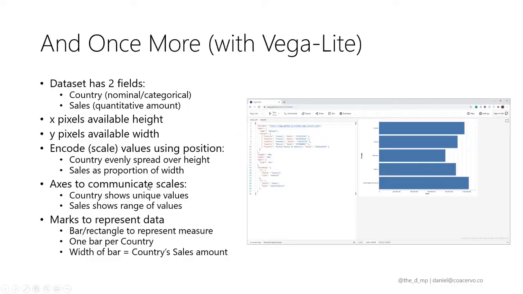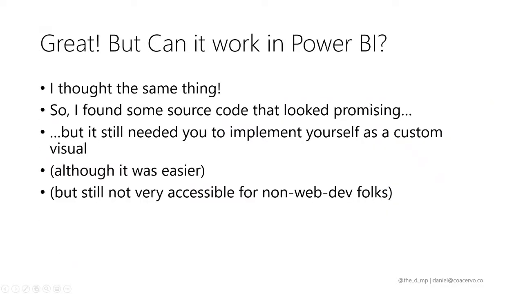In terms of my goals, my next logical step is I want to see if I can make that work inside Power BI. Now it's low level, but it is still possible to do something with. So I had a look around and I thought someone must have already tried this, right? And no, they really hadn't. I found a custom visual that someone had worked on at Microsoft, by Dominic, who was one of the developers for Vega.